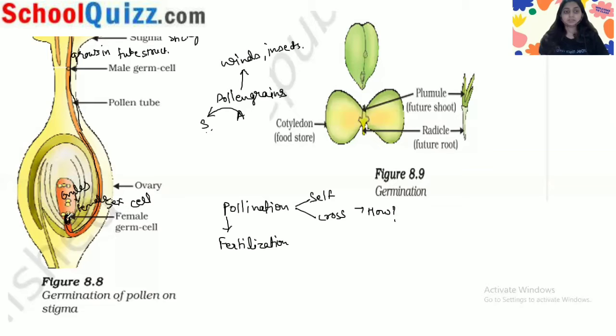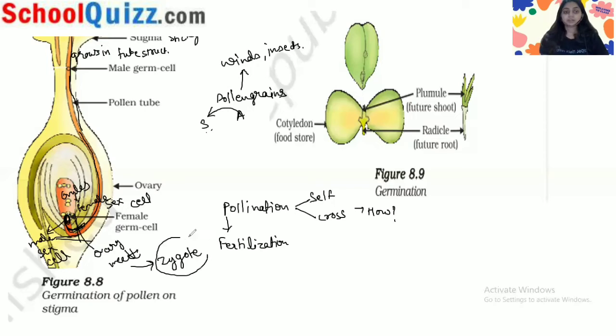The pollen grains are the male sex cells. So what is happening here? The male sex cells and the female sex cells both meet here in the ovary, and they form the zygote in the ovary of the flower.